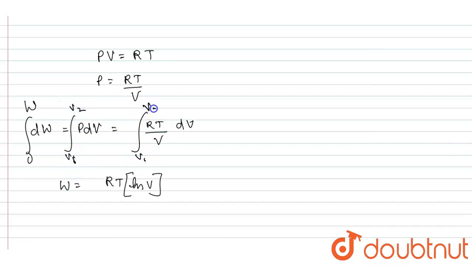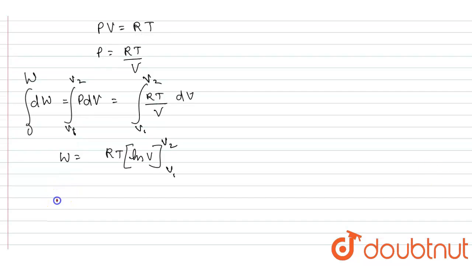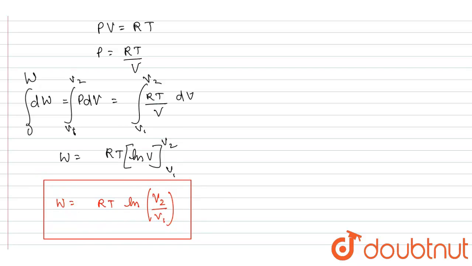Just put the limit and the final expression is RT ln(V2/V1). This will be the work done and the answer to this question.